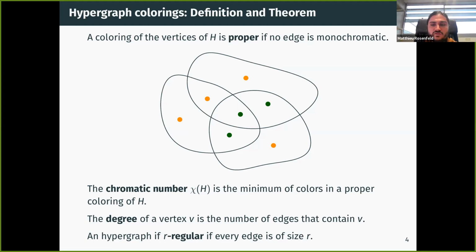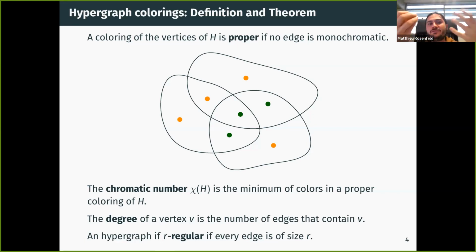Okay, so just before giving a formal statement of what I want to prove, let me make some really informal remark. I want to relate the chromatic number of my hypergraph to the degree and to the regularity of the hypergraph. Intuitively, if the degree of the vertices increases, this means that each vertex appears in many edges.